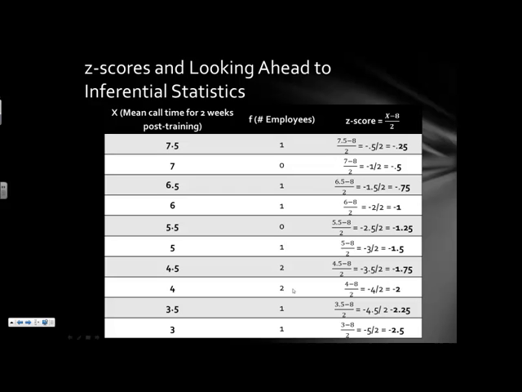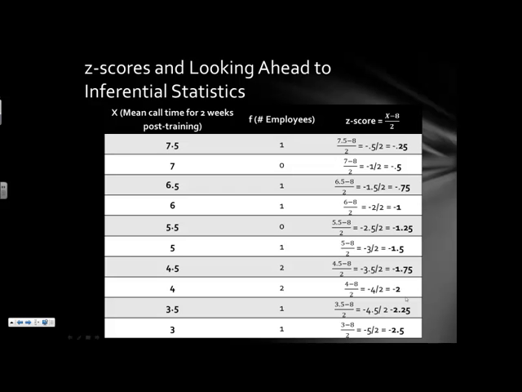In fact, 4 out of 10 trainees had call times that were 2 standard deviations or more below the mean. And just for now, any z-score that is plus or minus 2 or more, so -2, -3, -2.5, or +2, +4, anything that's 2 or more standard deviations from the mean is going to be considered extreme. So these are extreme.